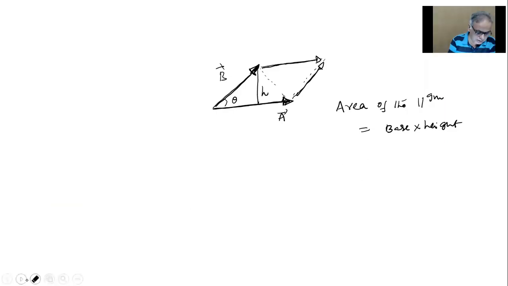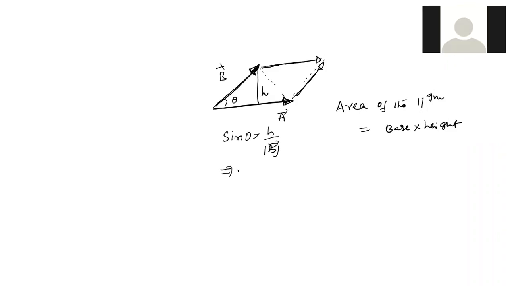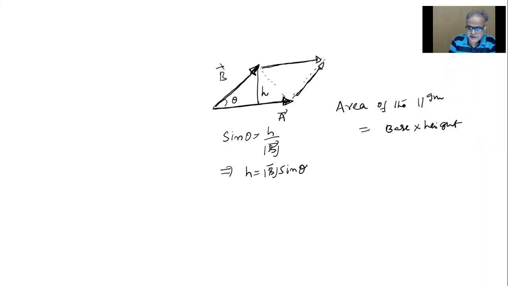Now, let me calculate the height here. Sine theta equals height by mod B, the ratio of length to length. So it implies h equals mod B sine theta, which means area of the parallelogram is base, here mod A, into height, mod B sine theta.